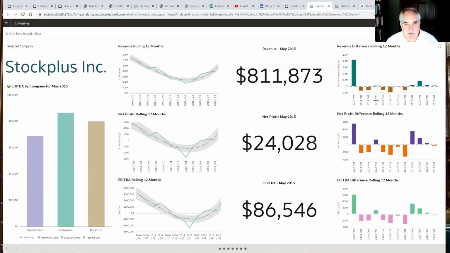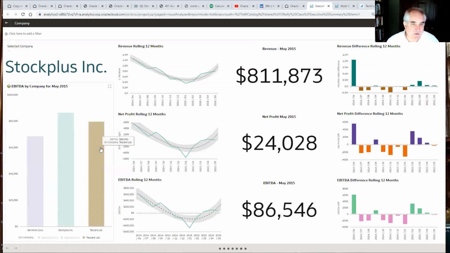So interpreting slope is tough, but actually seeing the difference as a bar is easy. So it's a relatively simple presentation on a single page of 3 KPIs, revenue, net profit, and EBITDA, but focused on information over time and how to interpret it.